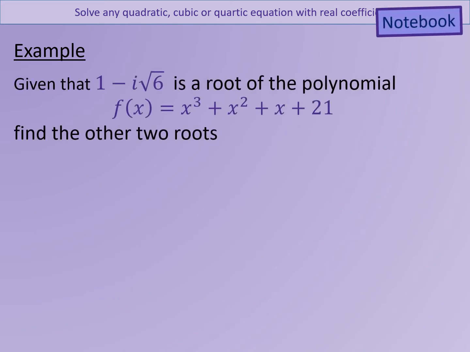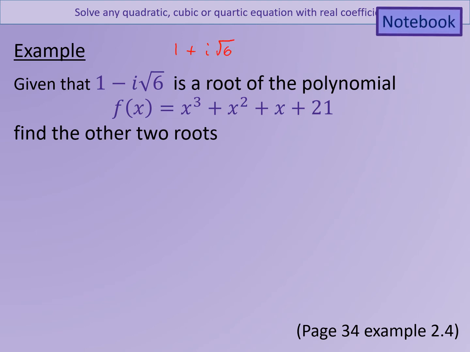So in our first example, given that 1 minus i root 6 is a root of the polynomial f of x equals x cubed plus x squared plus x plus 21, we want to find the other two roots. So the first thing we can say is that because we know 1 minus i root 6 is a root, and we can see that all the coefficients of f of x are real, we can conclude that another root will be 1 plus i root 6.